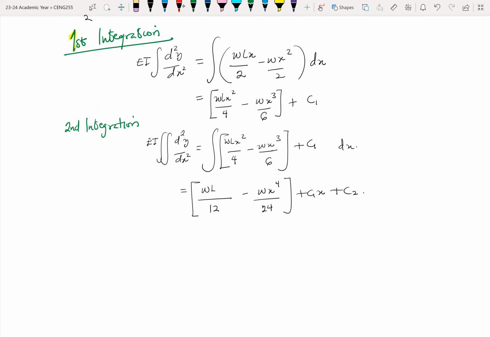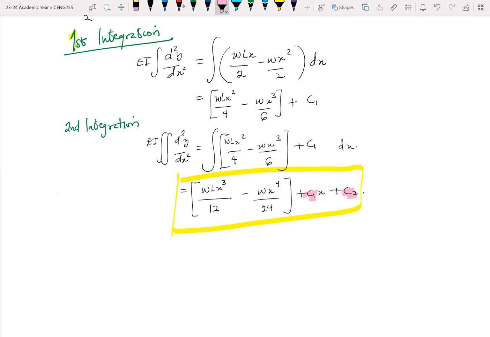At this point, we have all of that, so this becomes your equation, and you need to find the constants C1 and C2.